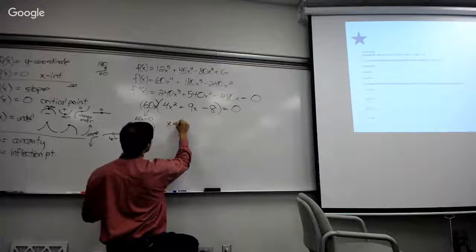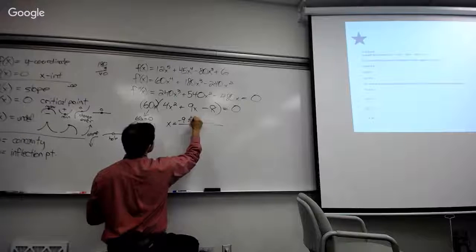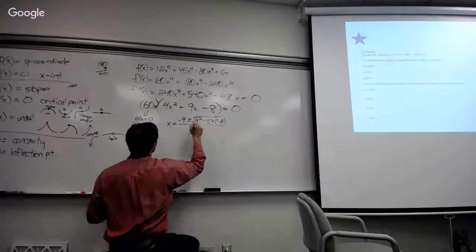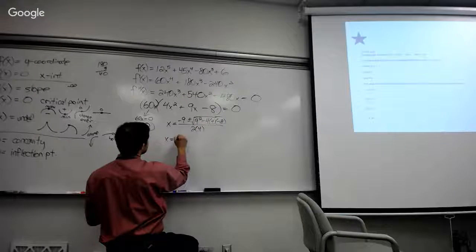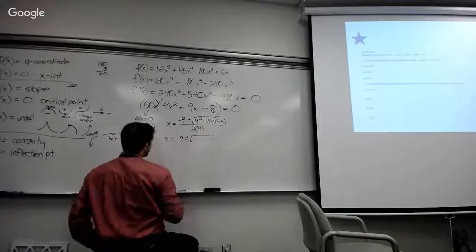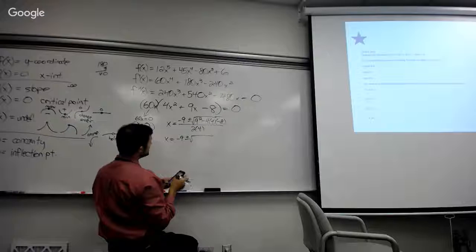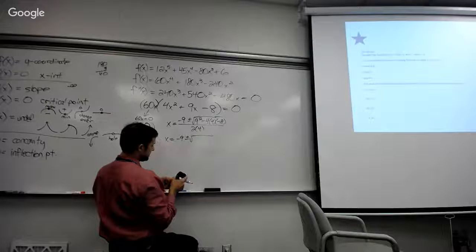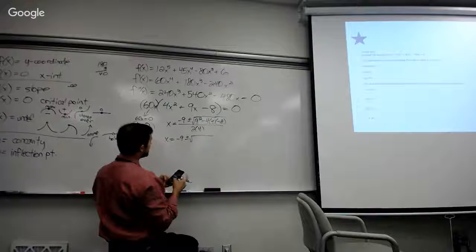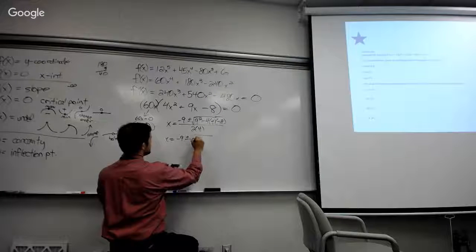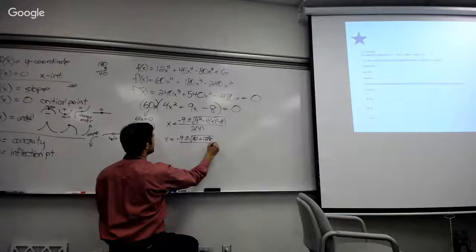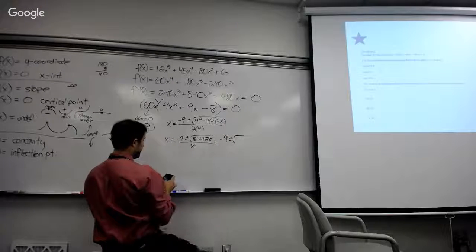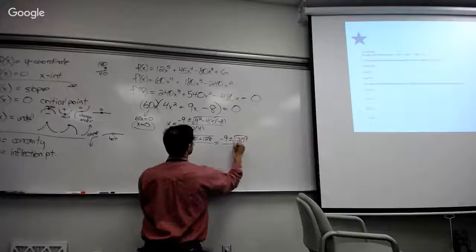So we say x is equal to the quadratic formula, negative b plus or minus the square root of b squared minus 4 times a times c, all over 2 times a. And that gives us negative 9 plus or minus root 81. That doesn't look good. 16 times 8. Oh, but it's positive. So 81 plus 128, all over 8, which is negative 9 plus or minus the square root of 209 all over 8.